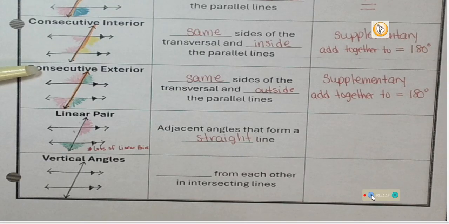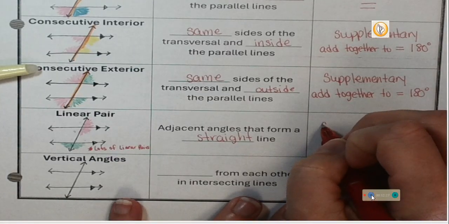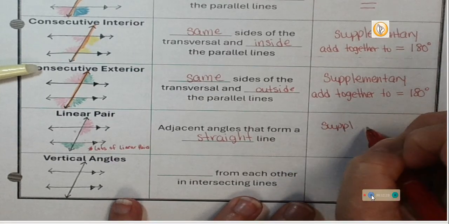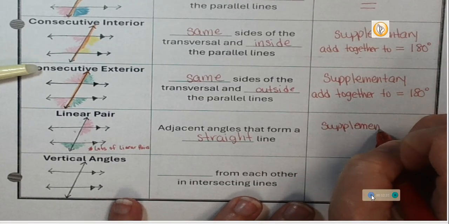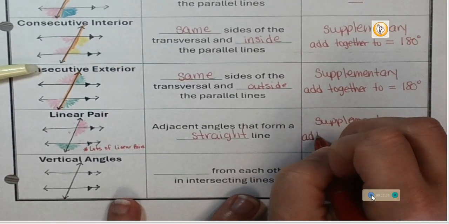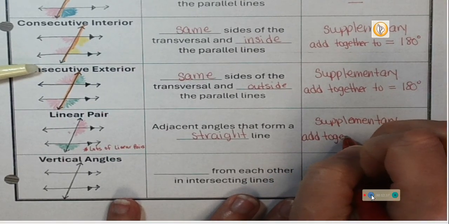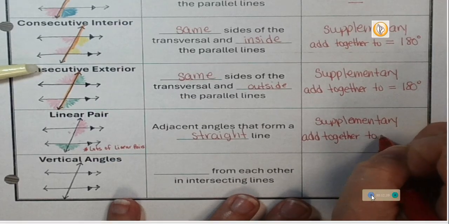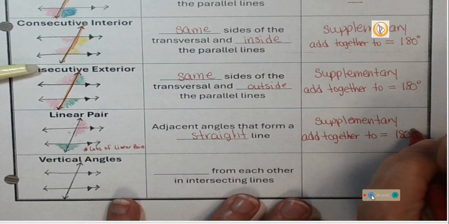So there's like, I don't know, probably like 16 different ways you can make linear pairs here. Okay, you just need to be able to recognize them. Linear pairs make a straight line. And how many degrees are in a straight line? That would be 180. So they are supplementary. So you would take those two angles and you would add together to equal 180 degrees.